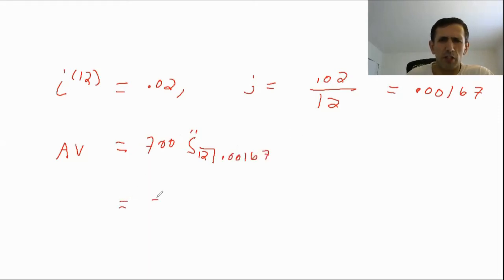So it's just plug and chug. 700 times (1 plus 0.00167) is 1.00167.